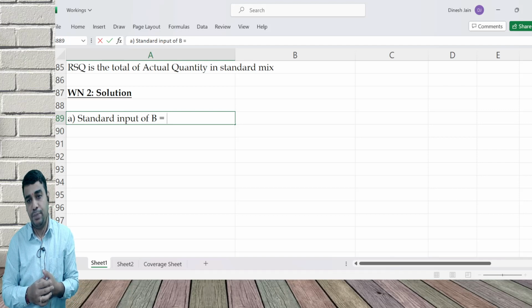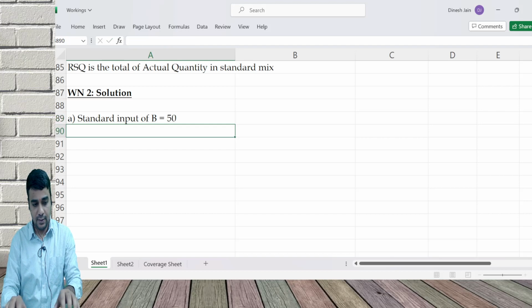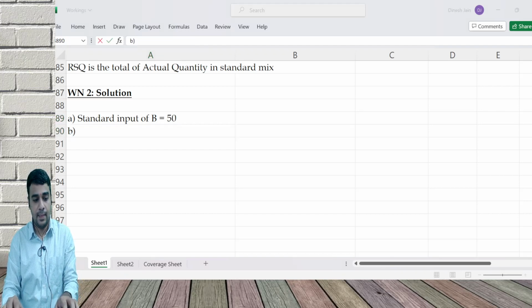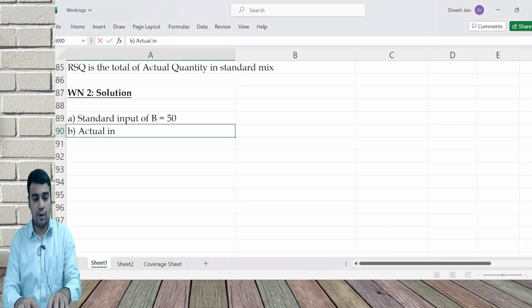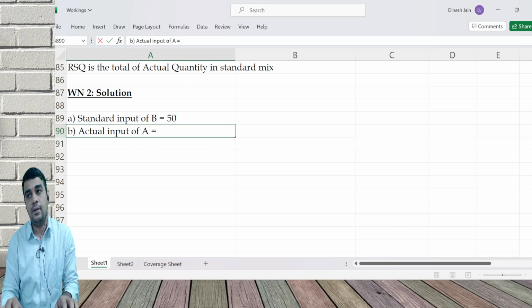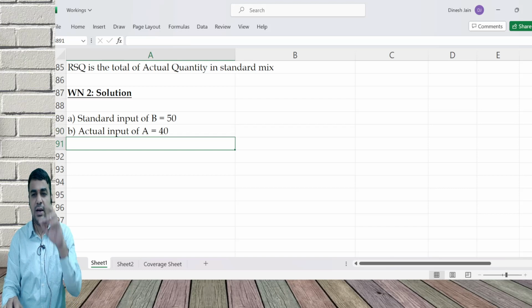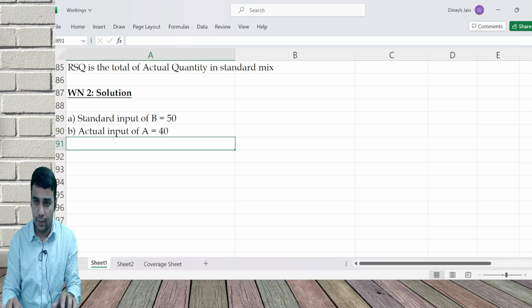Standard input of B. Look at the table and tell me. 50. Point number B. Standard input of B is 50. Next one is actual input of A. How much was that? This was technically your note 1 and note 2 in the earlier working note.